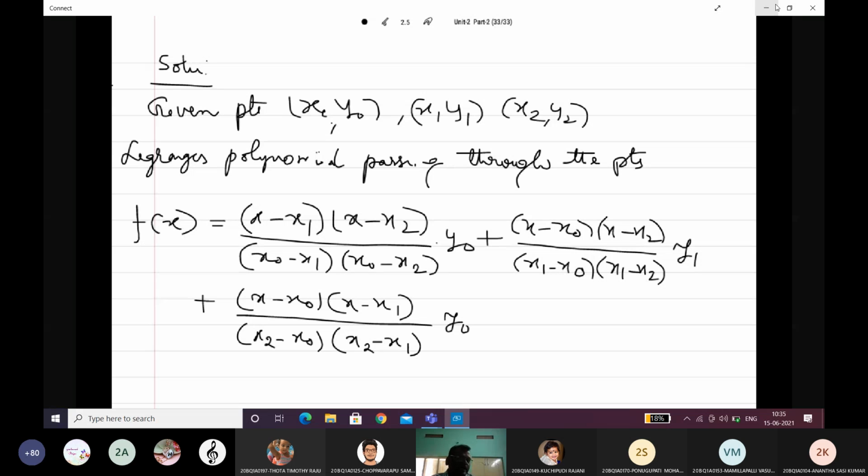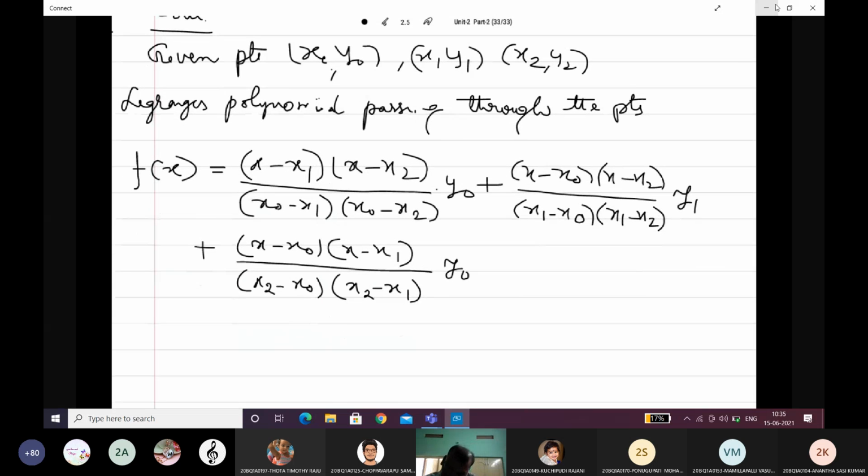Okay. Now, what is the given function? 3x square plus x plus 1. Now consider the numerator. Now, this is very, very important. You have to take the numerator. What is the numerator? Tell me anyone. 3x square plus x plus 1.